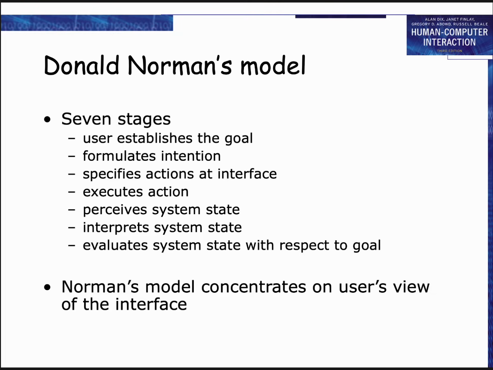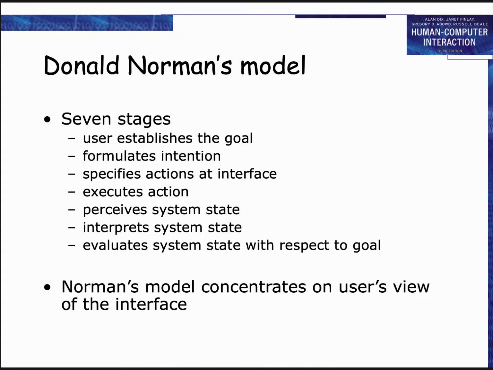Intuitive means based on what one feels to be true even without conscious reasoning. It is sometimes associated with the word instinctive. Okay, that's what Donald Norman's model works around.